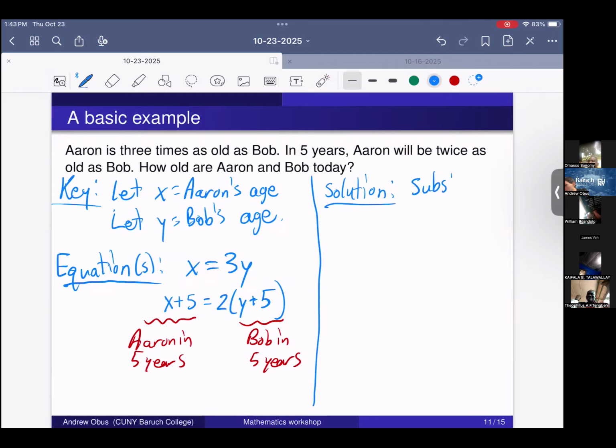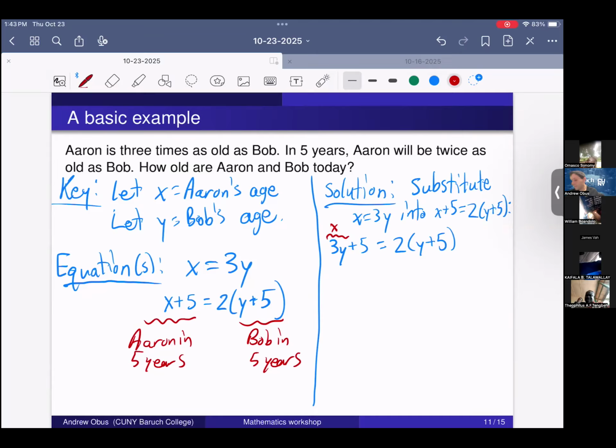So I'm going to substitute x equals 3y into x plus 5 equals 2 times (y plus 5). And what's that going to give me? Well, instead of x, I'm now going to say that I get 3y plus 5 equals 2 times (y plus 5). Right? This 3y over here is x. Right? So 3y plus 5 equals 2 times (y plus 5).